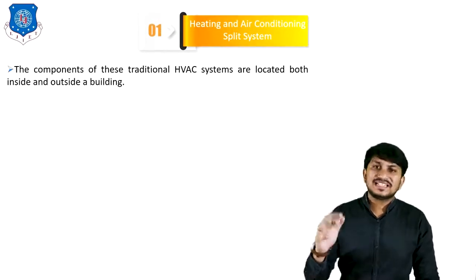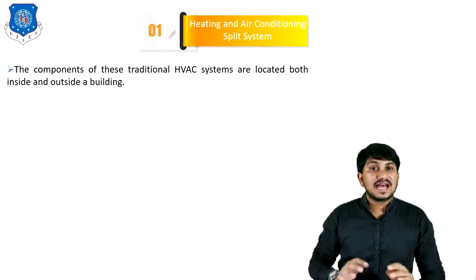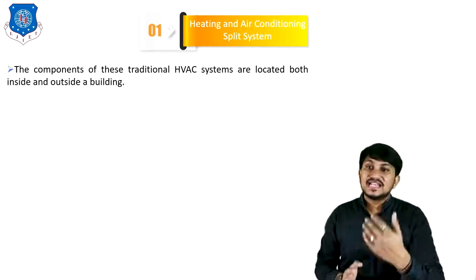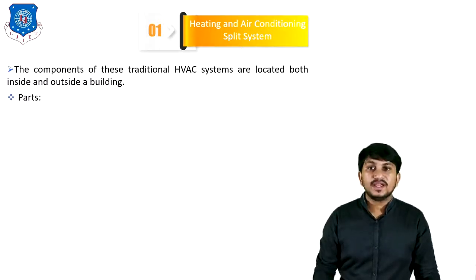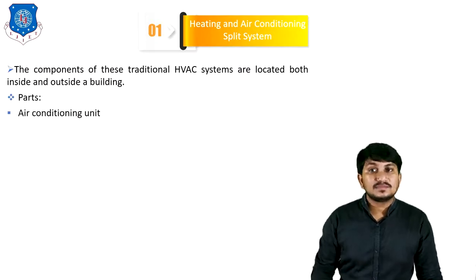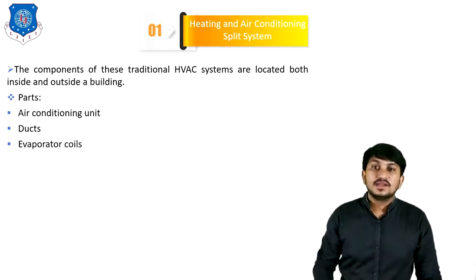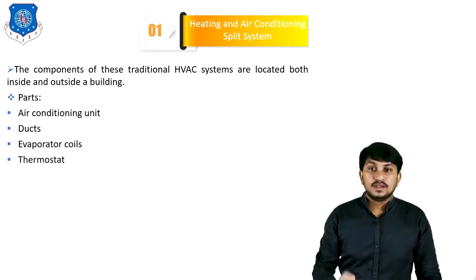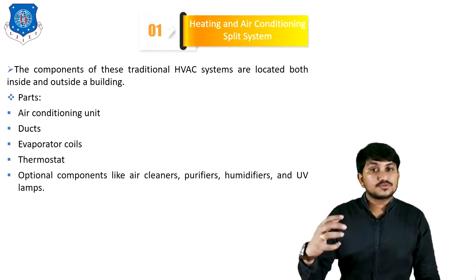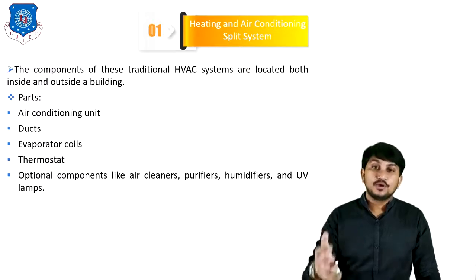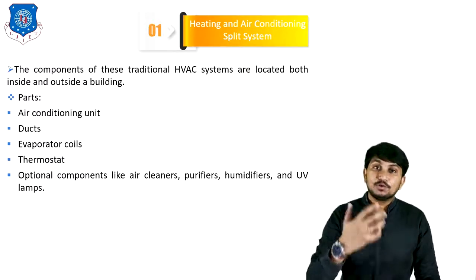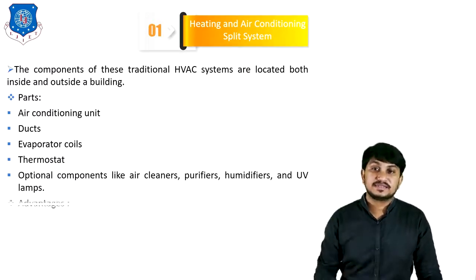The components of these traditional HVAC systems are located both inside as well as outside the building. The parts of this system are air conditioning unit, various ducts, evaporator coils, thermostat, and optional components like air cleaners, purifiers, humidifiers and UV lamps are also included in this system.